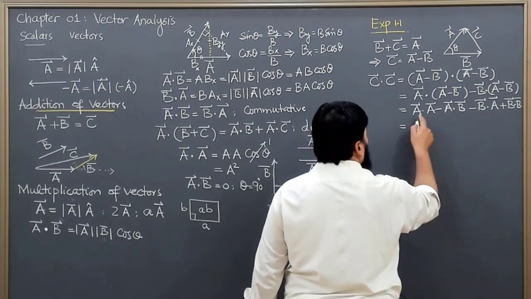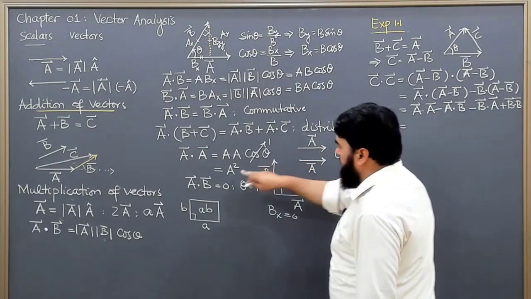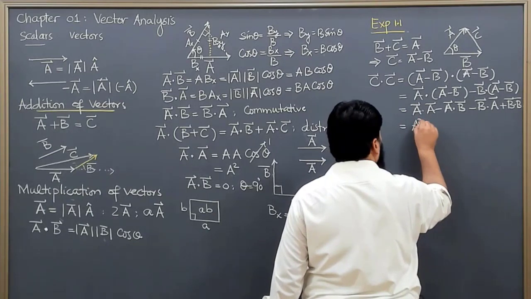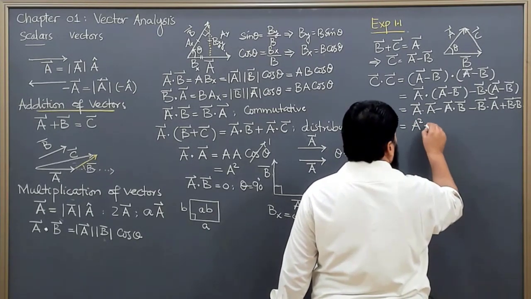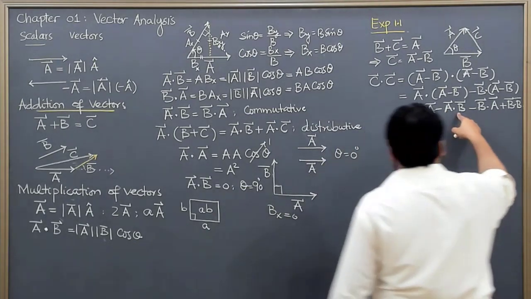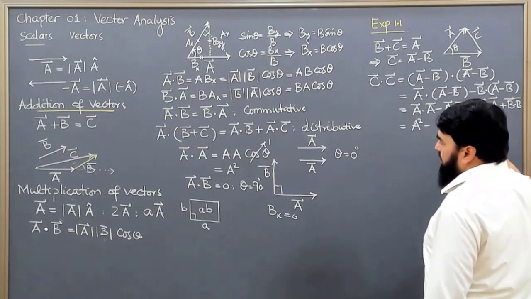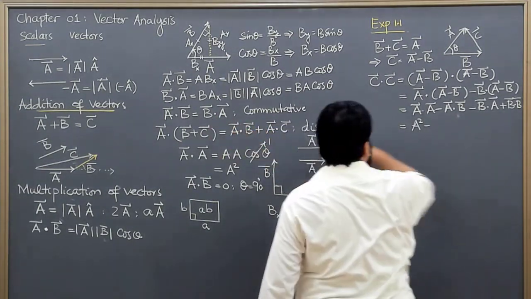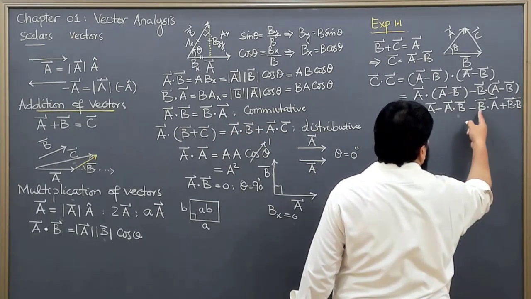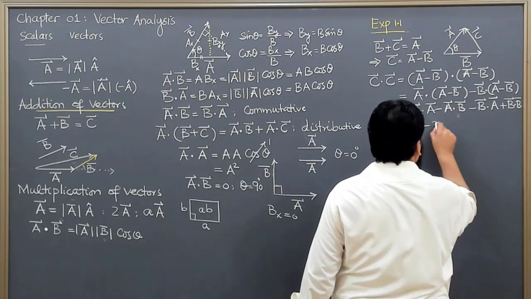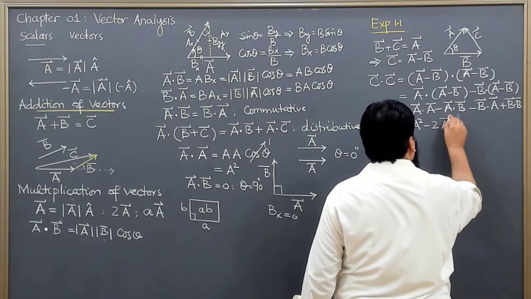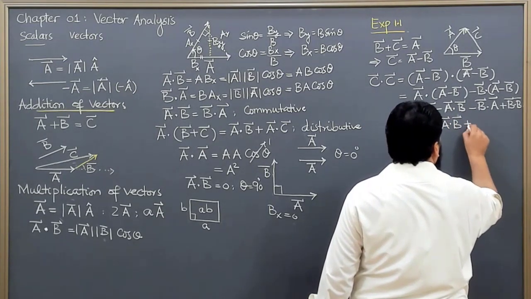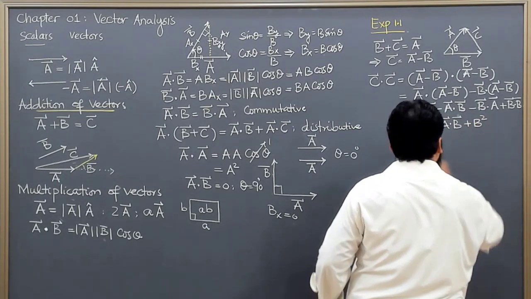This is equal to A dot A. We have calculated this, that A dot A is A squared, minus A dot B, and we have said the dot product is commutative, like B dot A is equal to A dot B. So I can write this as A dot B, and this will become 2A dot B here, plus B squared.